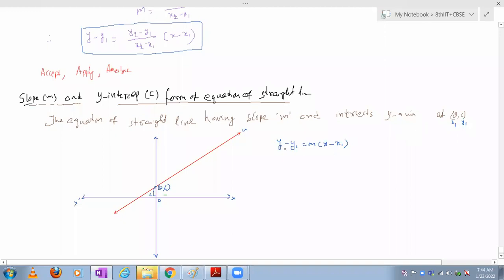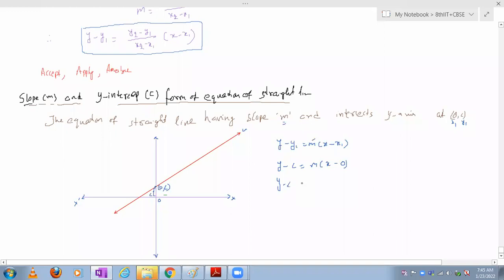Here I have put the formula y minus y1 is equal to m into x minus x1. Here you already know that the slope is given as m. Now x1 is 0, y1 is c. If you substitute, what will you get? y minus c is equal to m into x minus 0.